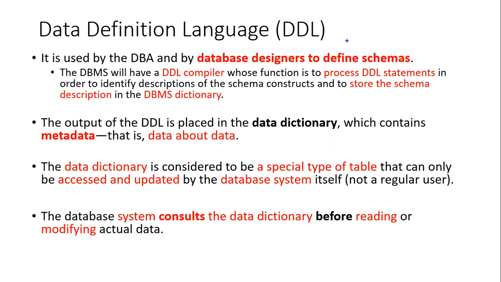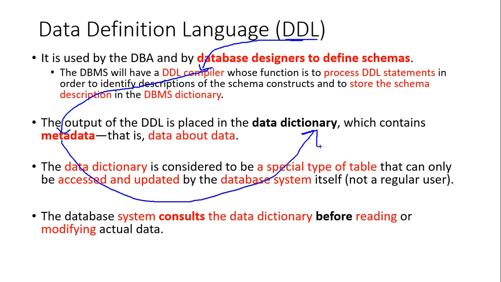So when you use data definition language, and when you compile the data definition language, the compiler will store this metadata inside the data dictionary. So remember that. Which compiler?